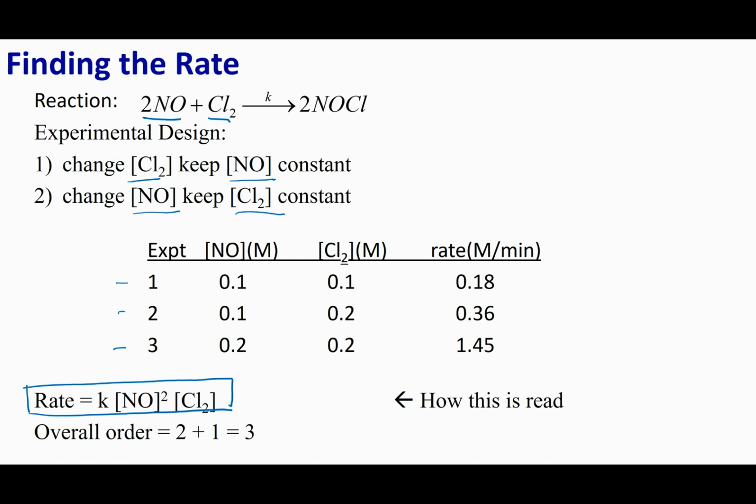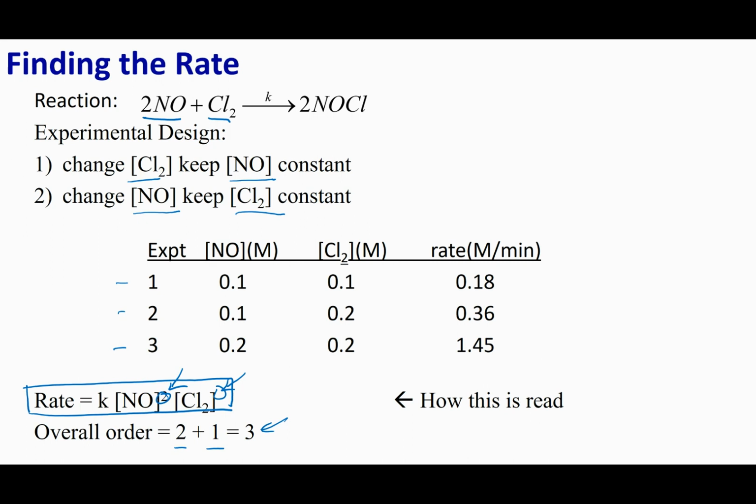The way that we read this is that the rate is equal to our rate constant, where NO is second order and chlorine is first order. The overall order is if you add the individual orders up, so in this case, 2 and 1. So the overall order of this reaction is 3. This is a third order reaction.